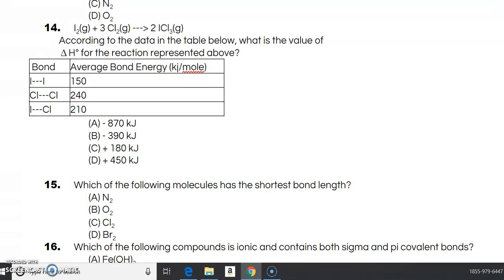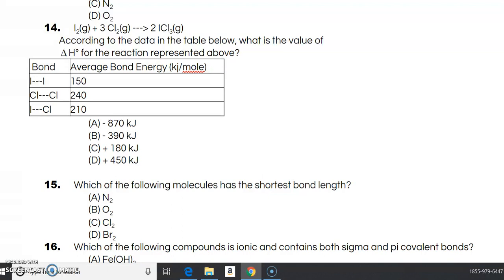So that's your equation. So you have to use the data table, and you look at that iodine is a reactant, so therefore you're going to take iodine, 150. You're going to put that in a bracket, then put parentheses around 150, and then you're going to add 3 times 240 because there are 3 moles of chlorine atoms. So 3 times 240. You're going to add those two substances together, the reactants, minus, now notice you have 2 moles of ICl3.